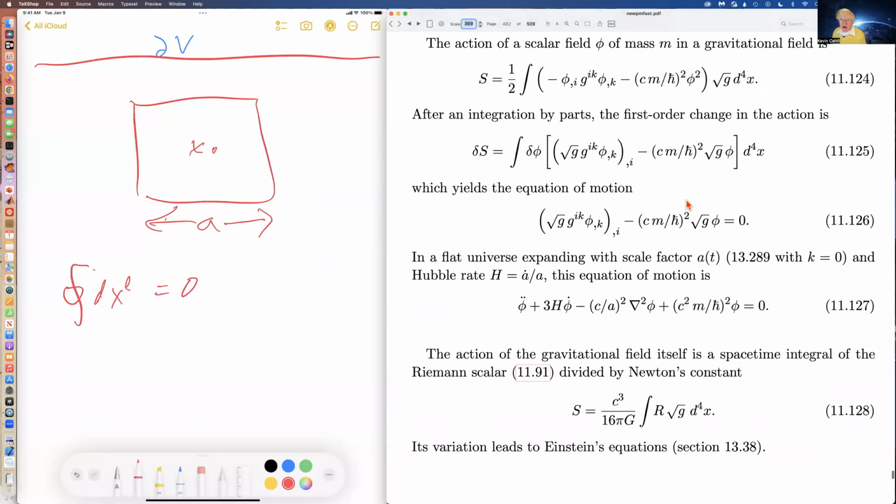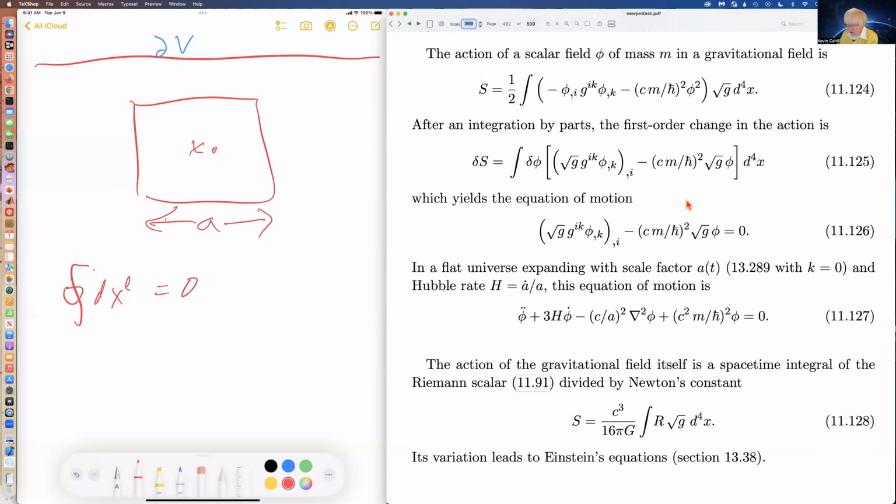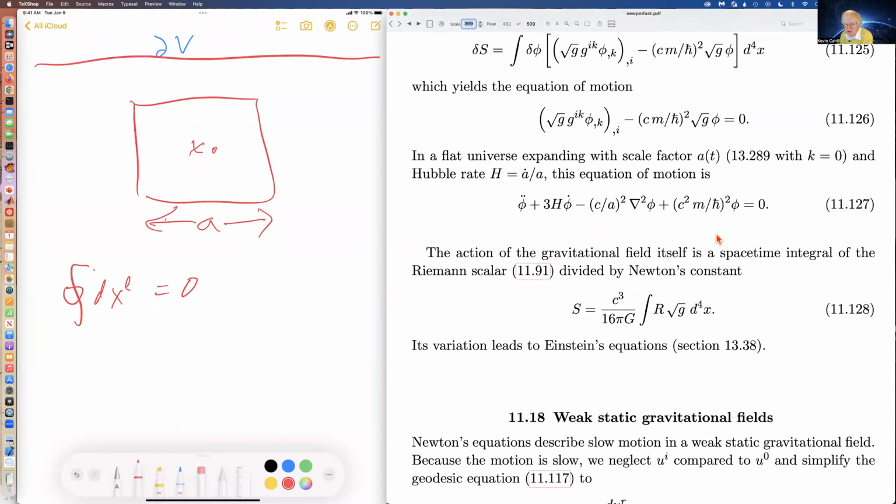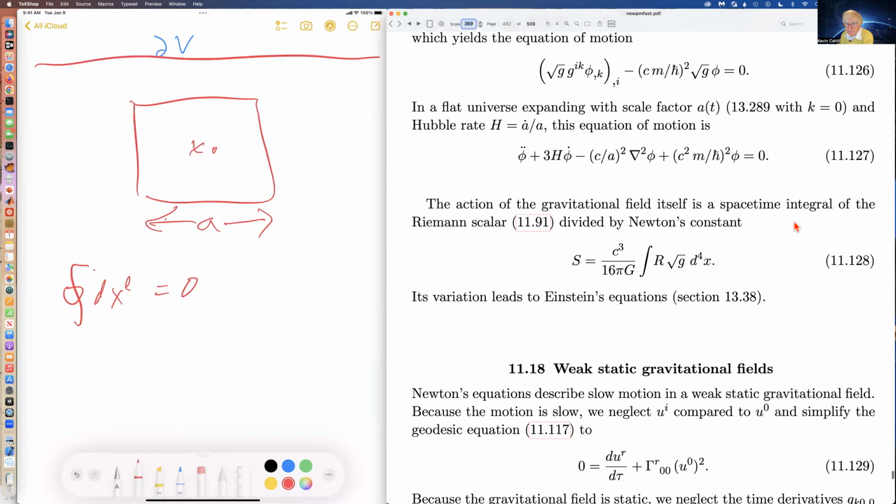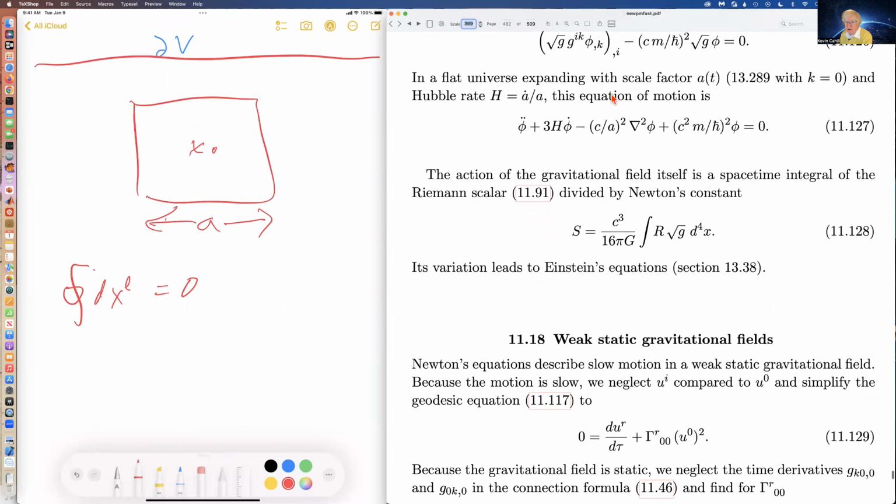The only reason why I went through the covariant divergence and so forth, the covariant Laplacian, is just to get you the formula for a scalar field in a gravitational field. So that looks like this. And in a little bit more simply, it looks like this.